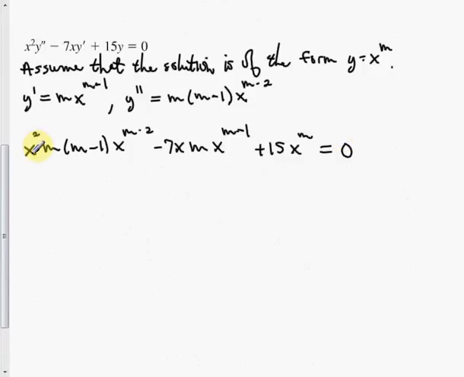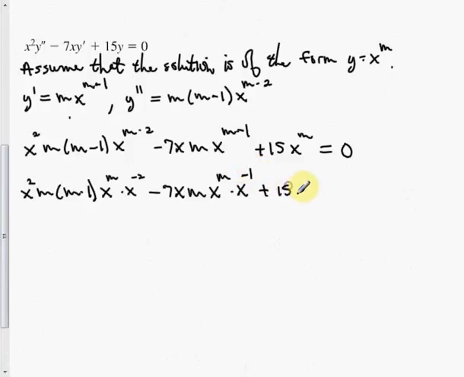Now, I'll write it out. This is x squared times m times m minus 1 times x to the m times x to the negative 2, minus 7x times m times x to the m times x to the negative 1, plus 15 times x to the m.